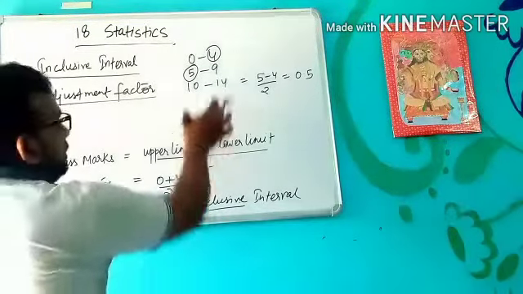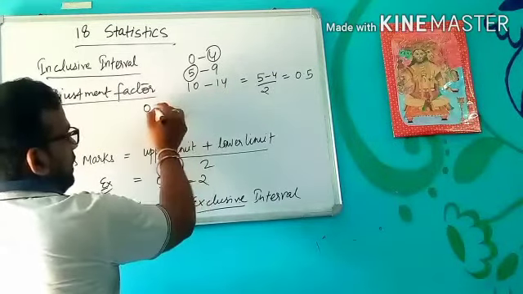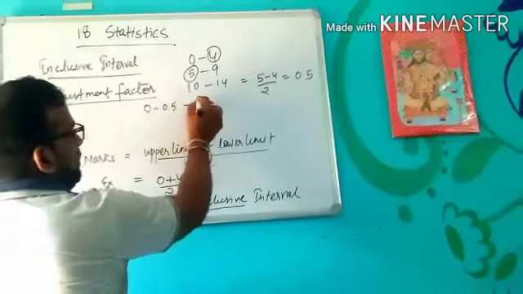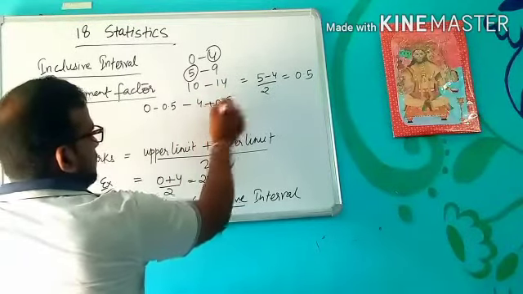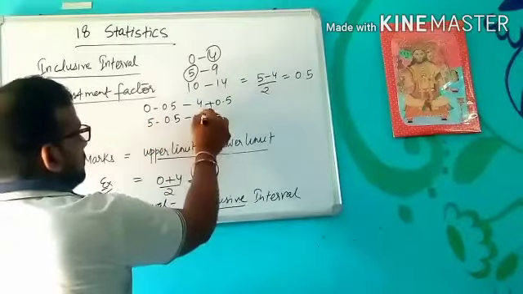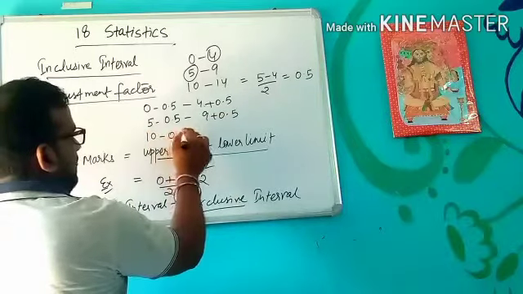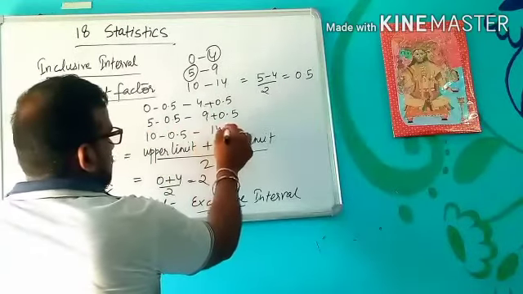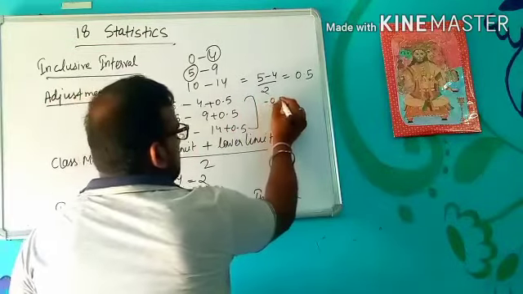So how do we convert this now? We will subtract 0.5 from the lower limit and add 0.5 to the upper limit. Similarly here. So what exactly we will get? Let's see. 14 plus 0.5. So now these intervals are converted.